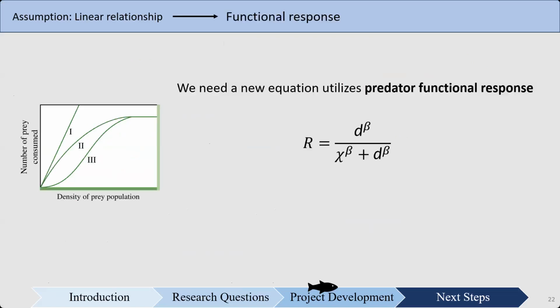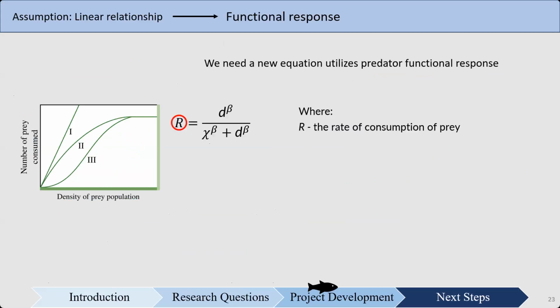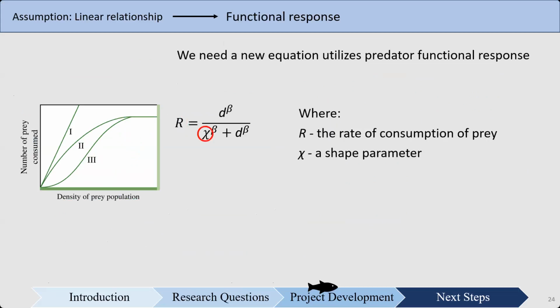So now that we've changed from using this linear relationship to a functional response, we need to make a new equation that utilizes predator functional response instead. And this is the equation here. So R is the rate of consumption of the prey. I is a shape parameter. Beta describes the form of the curve, so that's whether it's type 1, 2, or 3, like we were just looking at.